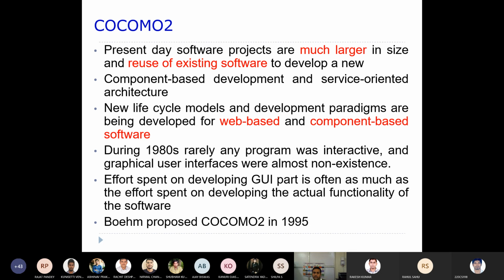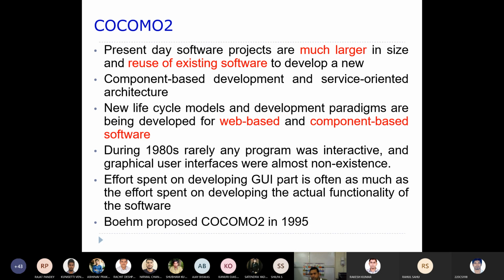Today you have graphical user interfaces, but in those days there were none, only a command mode, and people interacted with the system through commands only. So programs were not that interactive.